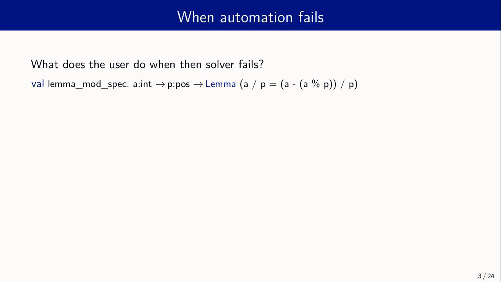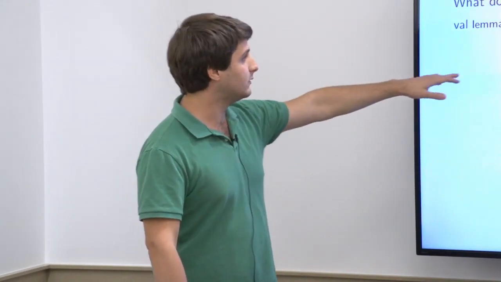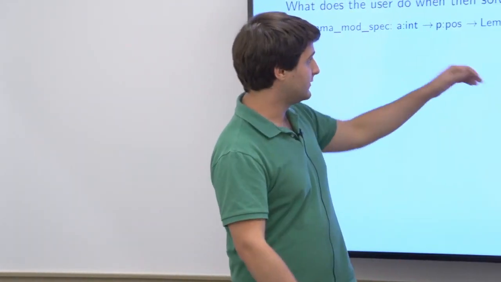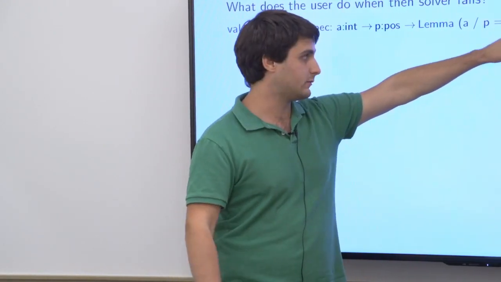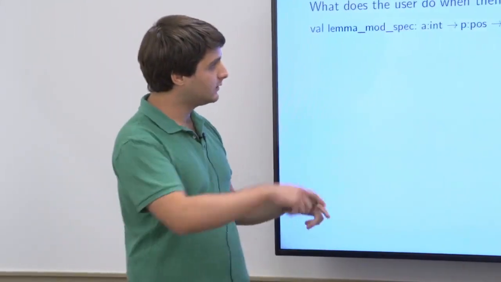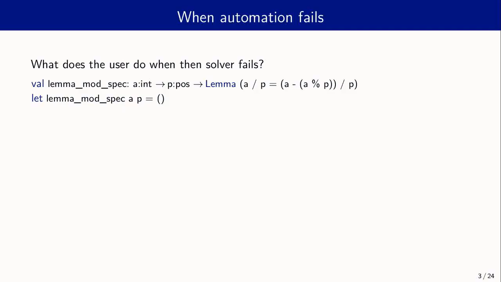So let's take this small example, a lemma in F-star's standard library about modular arithmetic, or just the modular division, saying that a over p is the same as if I take the remainder and then divide by p, because it's less than 1p, whatever. And you would expect to write this and just say, okay, SMT solver, go and find it, but it won't find it.